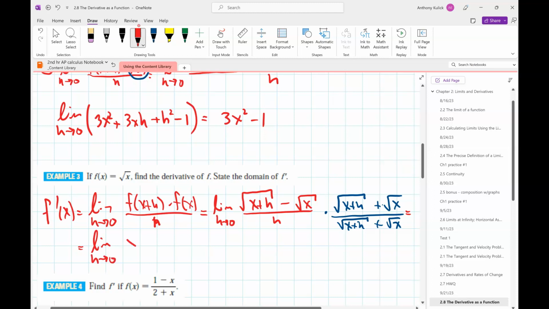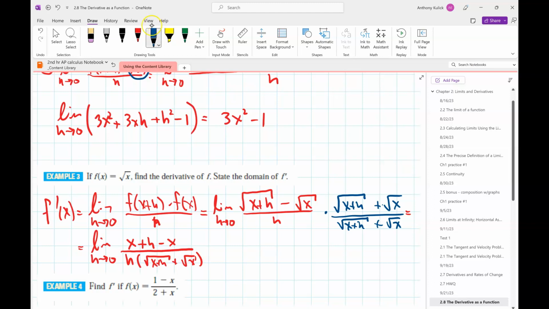So when we do that, we have x plus h minus x on top, and then h times the square root of x plus h plus square root of x on bottom. Those guys cancel out on top. And the h's reduce, so I'm left with just a 1 on top. And when I do my direct substitution, the h's go to 0.